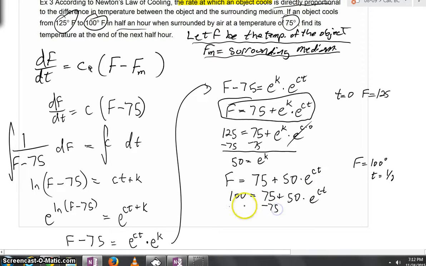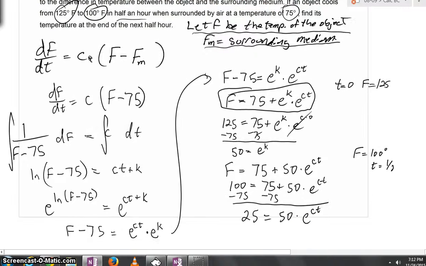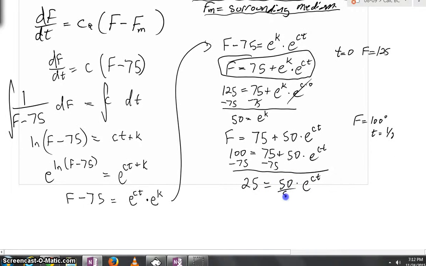I'm going to subtract a 75 to get 25 is equal to 50 times e to the ct. And then we can divide both sides by 50 to get 1/2. And forgive me, I forgot to plug in this 1/2 here. That's very important.